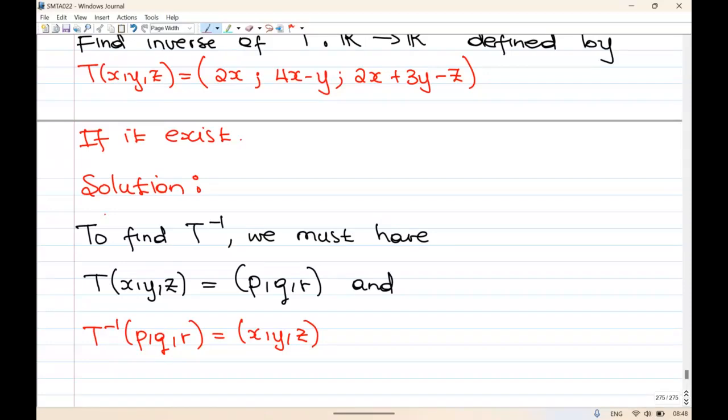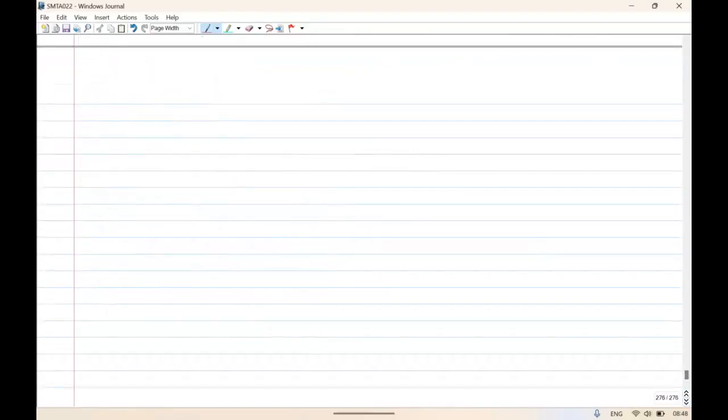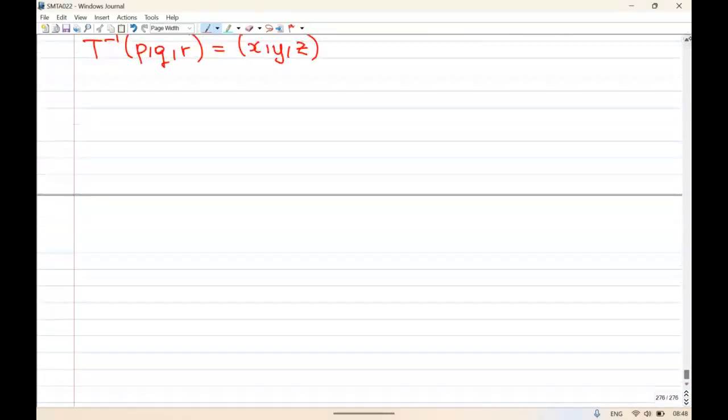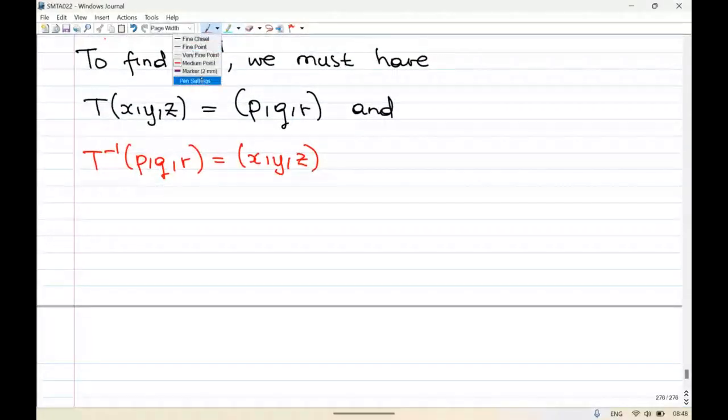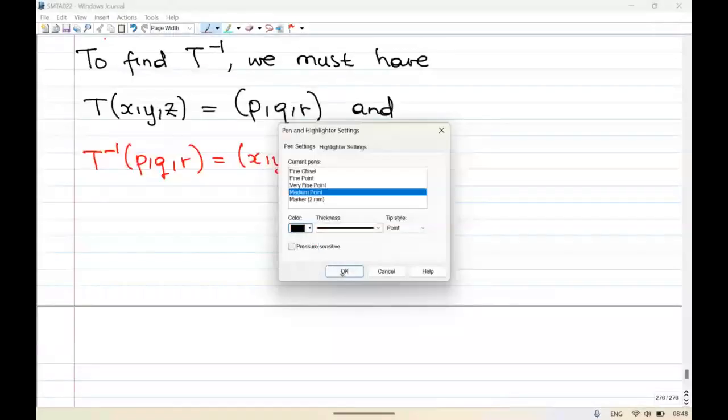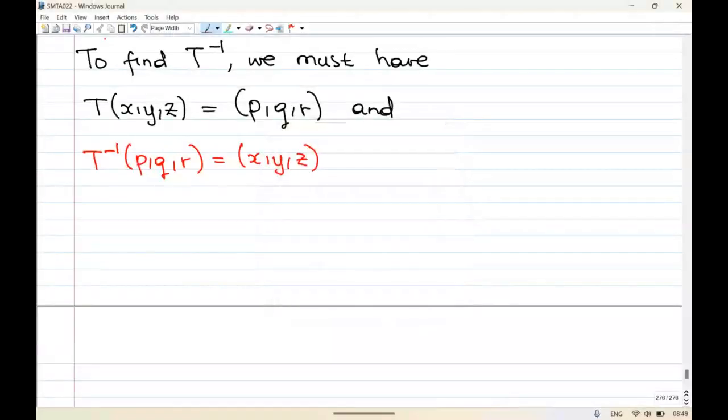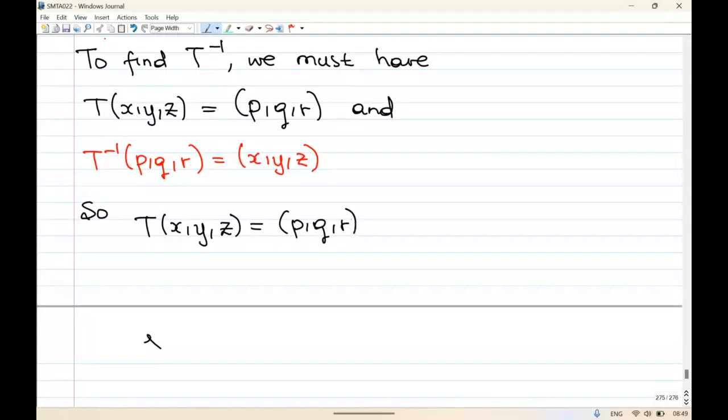Now, if you agree with this, I can take the original one, T of (x, y, z), which is equal to this (p, q, r).